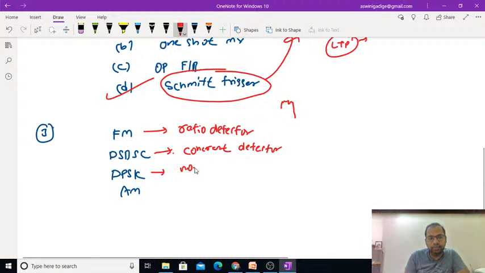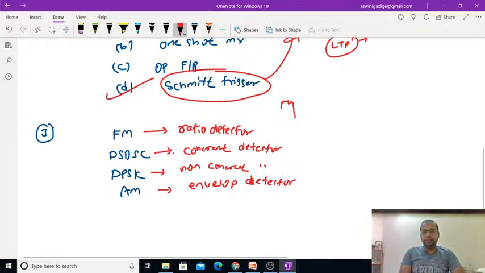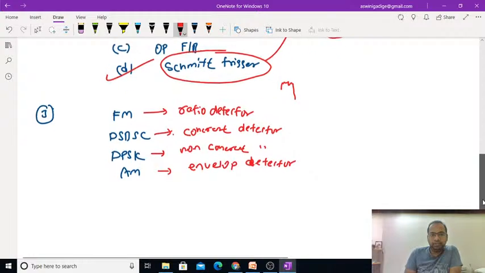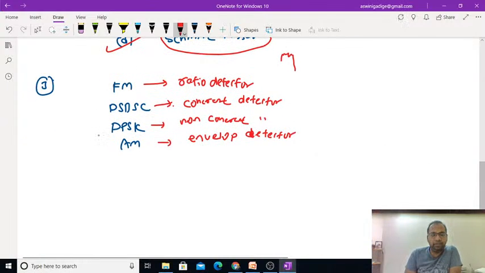For DPSK, you can take the non-coherent detector. For amplitude modulation, you can take the envelope detector. So these are the related options for the given modulation techniques.